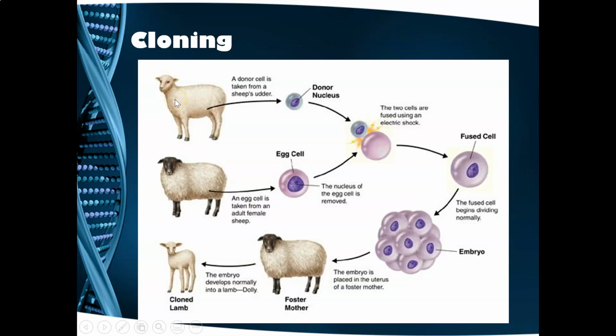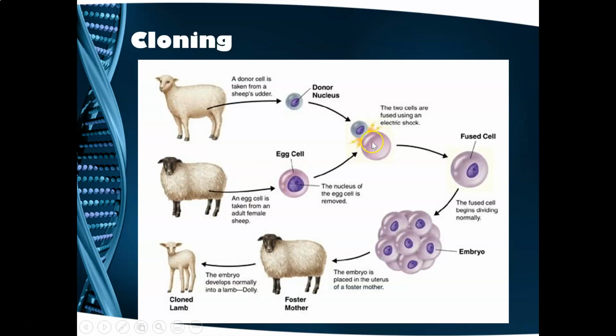I'm also going to go to another female sheep and extract egg cells. So here's a bunch of egg cells that I'll extract, and then I'm going to suck the nucleus out of them. So we basically create what they call blank egg cells, which is what you're looking at right here. So here's my donor nucleus plus that blank egg cell. Now, in a petri dish, if I do this correctly with a little electric shock, I can force that nucleus into this blank unnucleated cell.